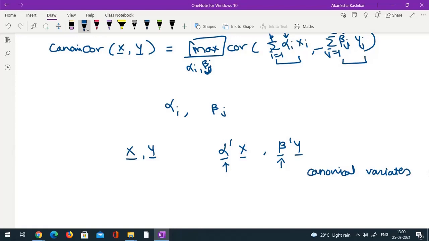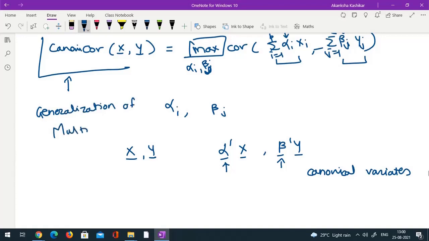But remember that canonical correlation is just a generalization of multiple correlation, and it is a generalization in the sense that now you have a group of variables on either side.